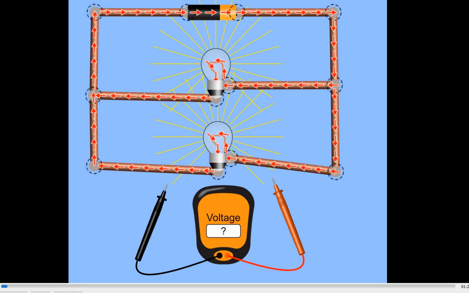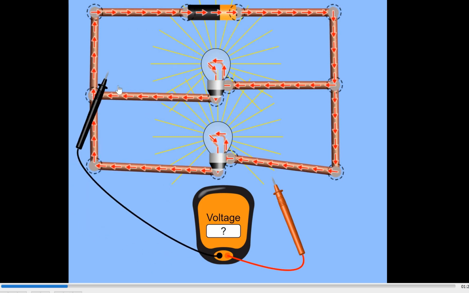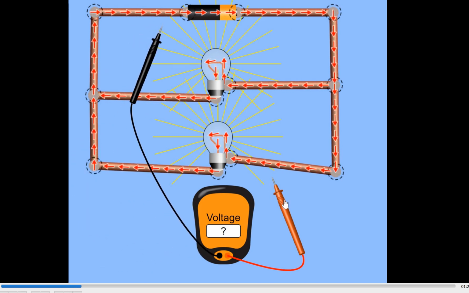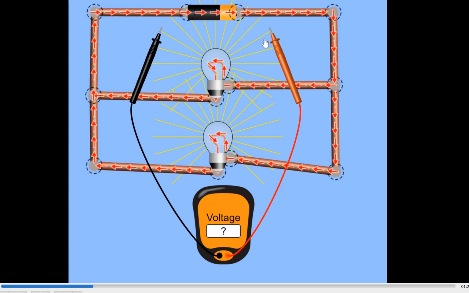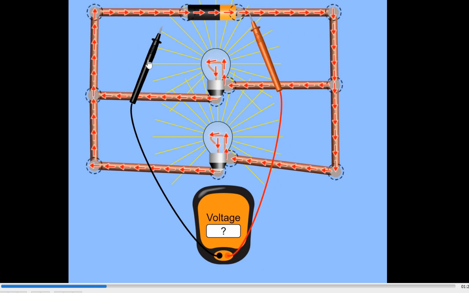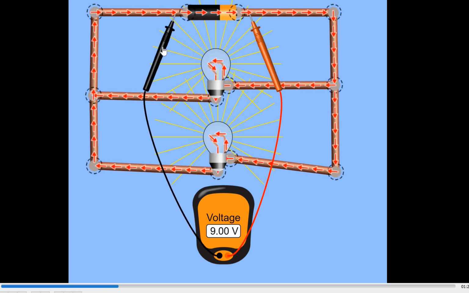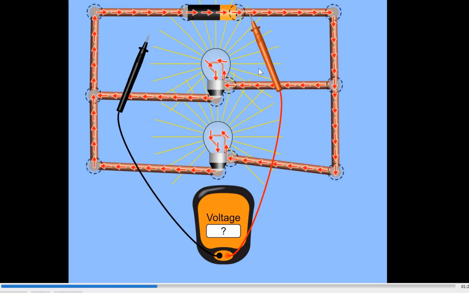Let's have a look at this video to start off with. So we have a parallel circuit here with two branches. And rule number 5, the last rule, is for a parallel circuit, the voltage across the battery, which here is 9 volts, equals the voltage across all the branches.